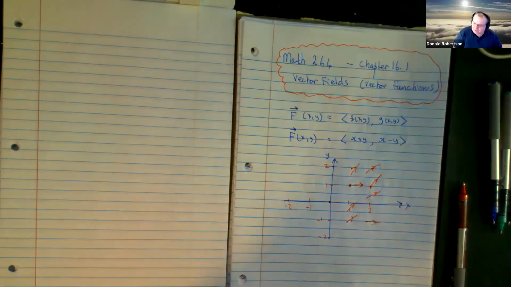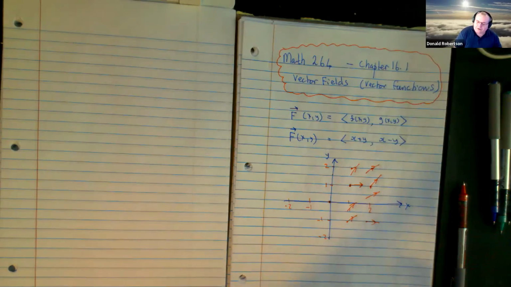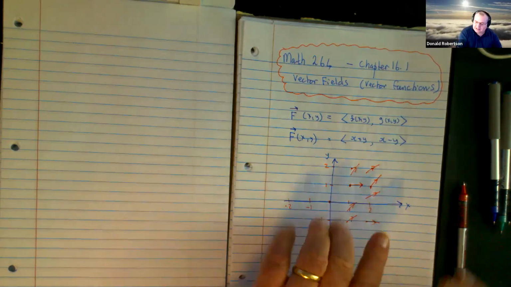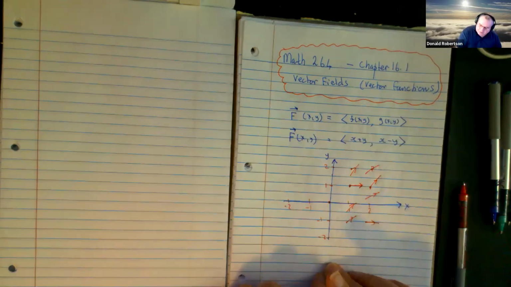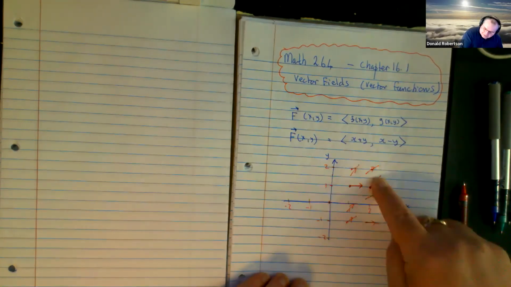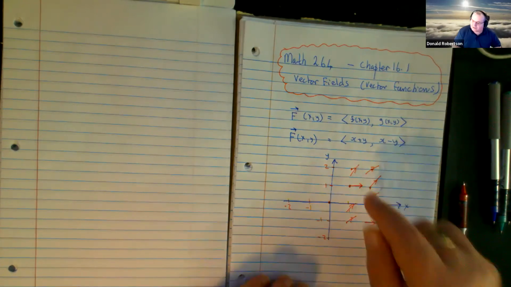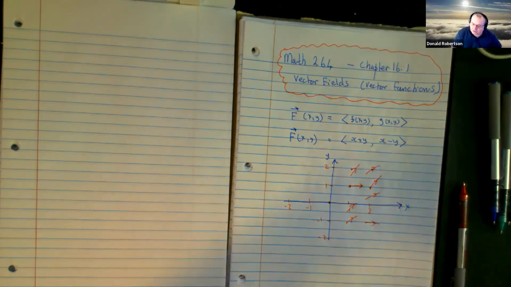So a vector field or a vector function takes a two-dimensional point and returns a 2D diagram where every single point, even the ones like (1.1, 2.1), is a vector. Now, what on earth are they used for? They're needed because if you want to model, oh, I know, current in a river.